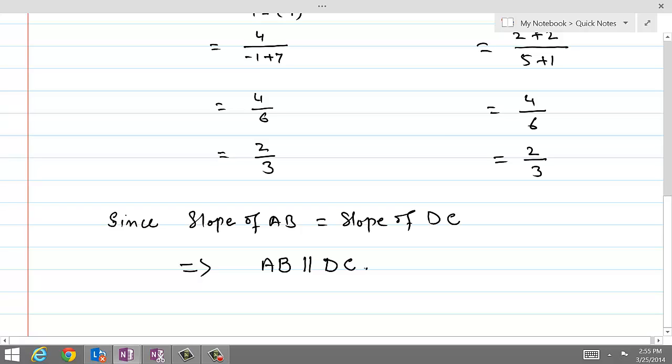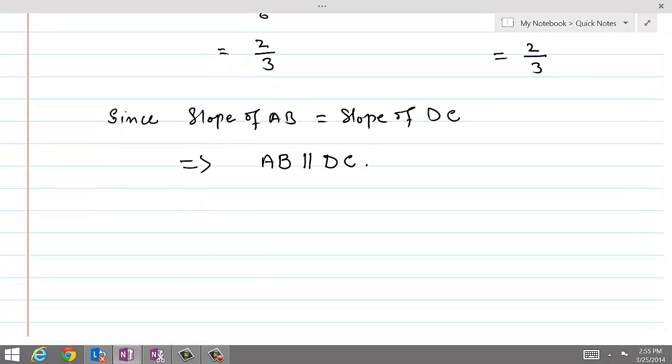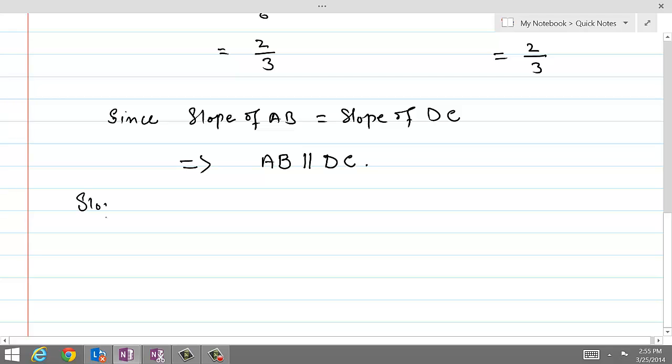And now we are going to do the same thing for sides AD and BC. Slope of AD is equal to the same formula, 2 minus 2 over -7 minus -1.